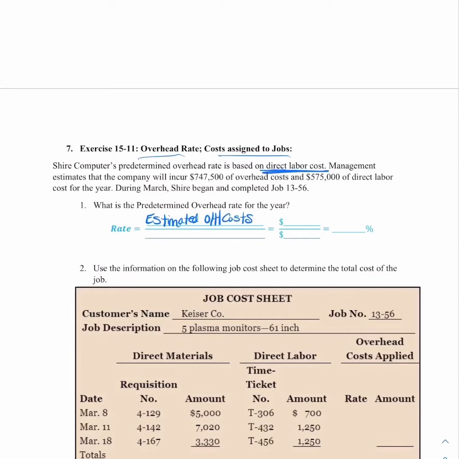The actual answer here is the cost driver, but in this case, that is your estimated direct labor. So we see that my estimated overhead cost, $747,500, will be divided by my estimated direct labor of $575,000, which will give me a percentage of 130%.